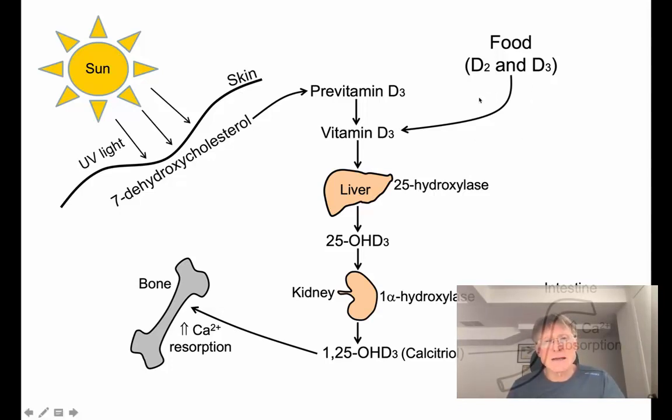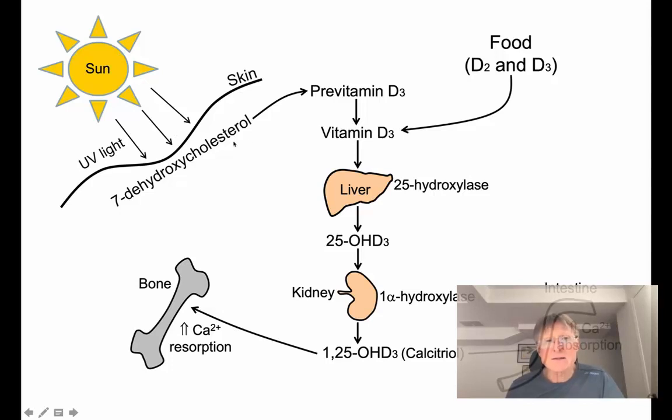In order for it to be active, it has to undergo 2 hydroxylations. In other words, you have to put 2 hydroxyl groups on the molecule. So the first hydroxylation occurs once the vitamin is in your circulation, either because it came from the food that you ate, or because the skin is producing it under the stimulation of the UV light.